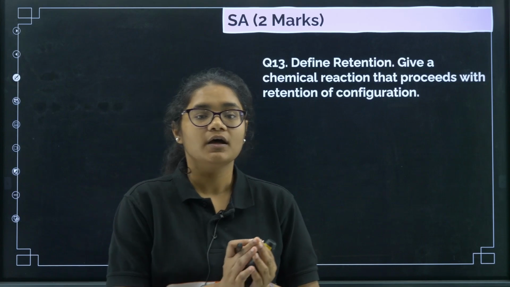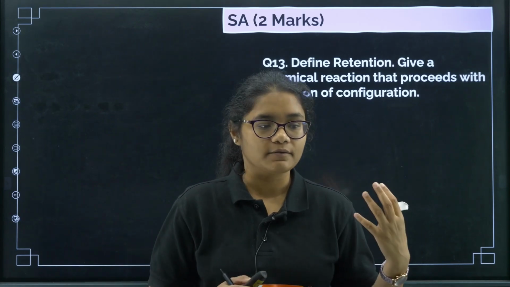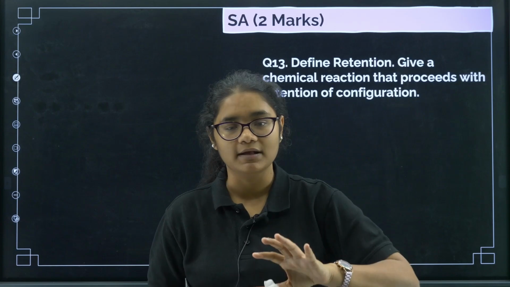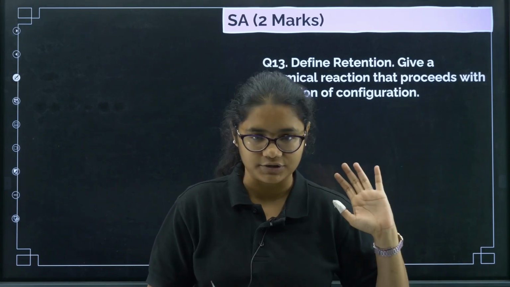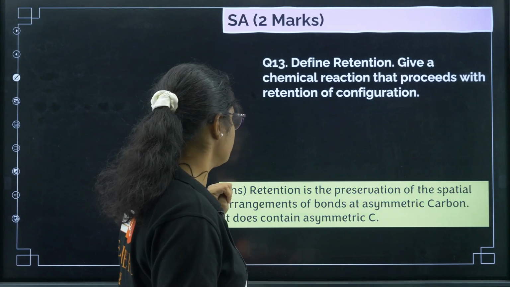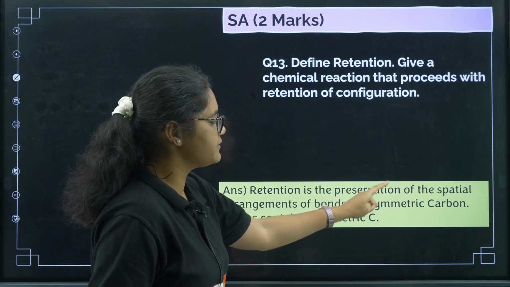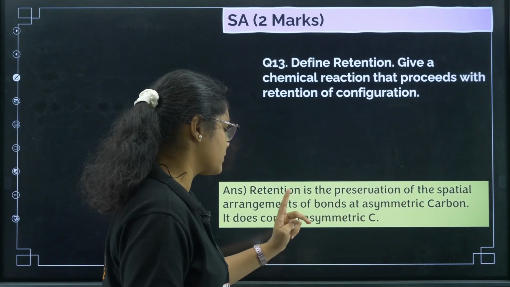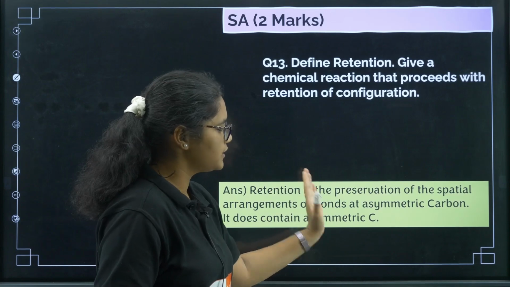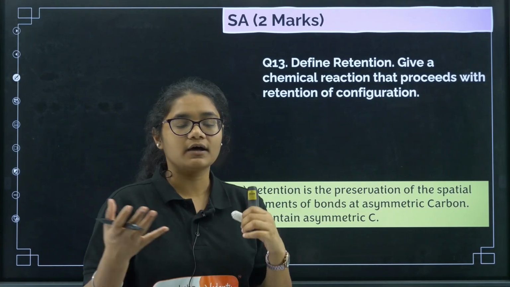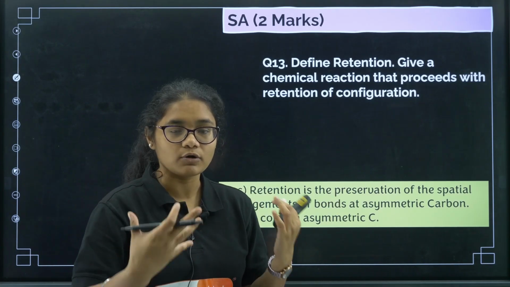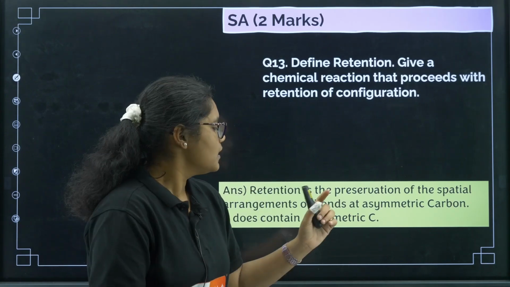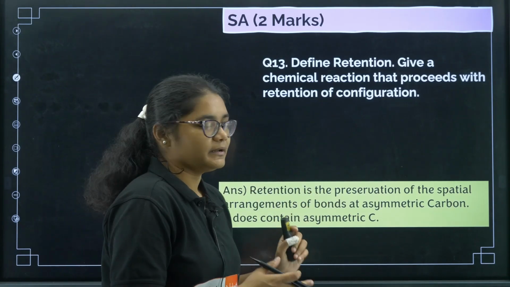Retention is, when a reaction happens and the configuration remains same, then we call it retention. Okay, explain definition I'll show you. Retention is the preservation of the spatial arrangements of bond at asymmetric carbon. Or you can just write down retention is that when the configuration of the reactant and products remains same.